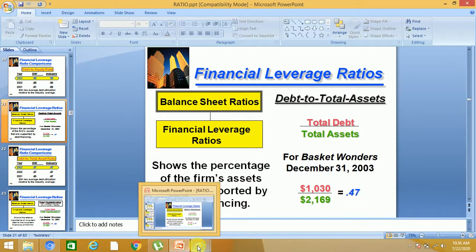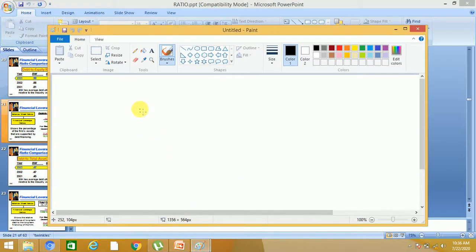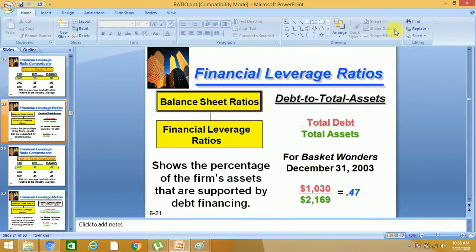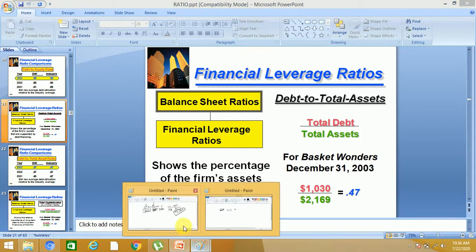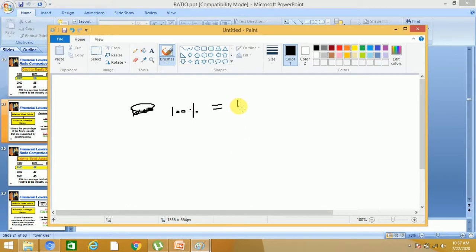So we got 0.47. It means here in this business, if our total assets are 100%, then out of this 100%, the percentage of debt is 47%, and the percentage of shareholders' equity is the remaining, 53%.